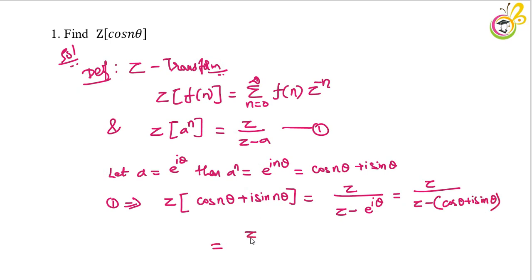Now, taking that minus sign inside, we get z minus cos theta minus i sin theta.